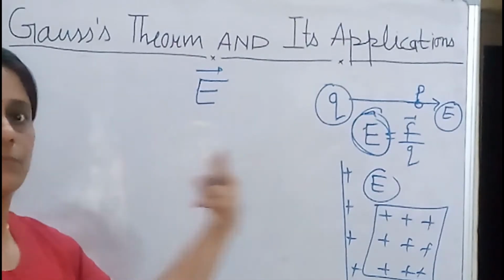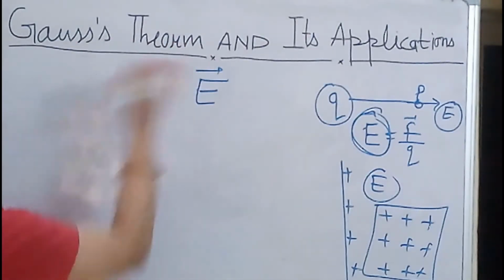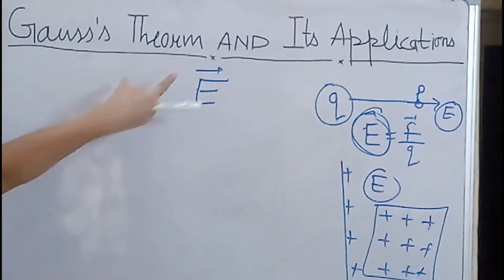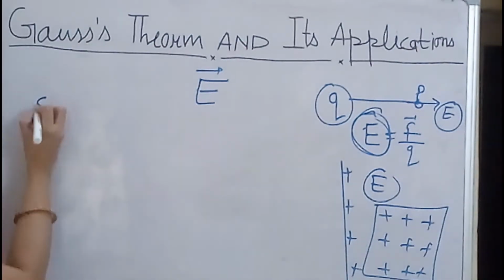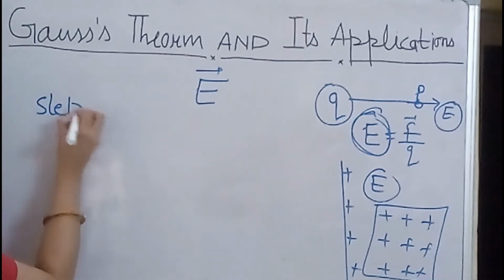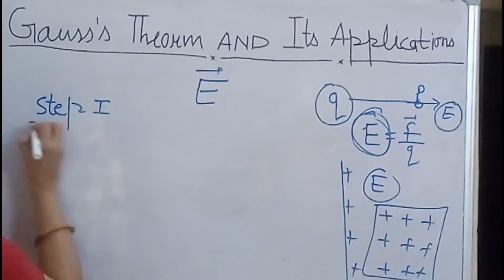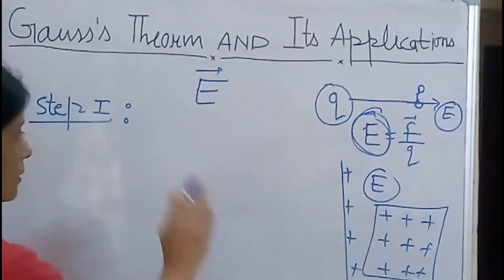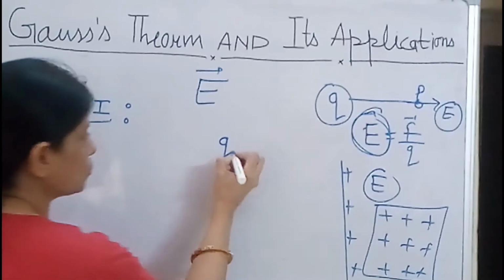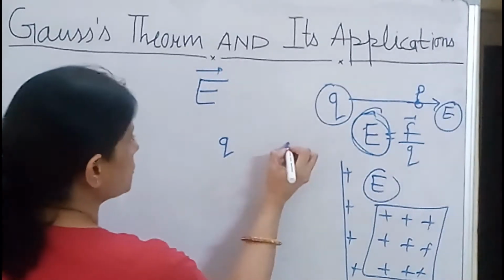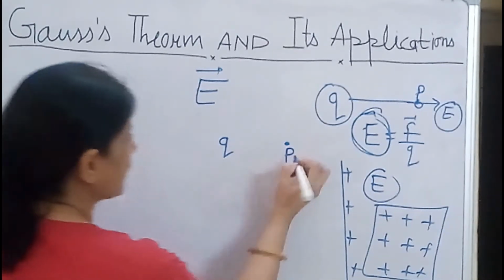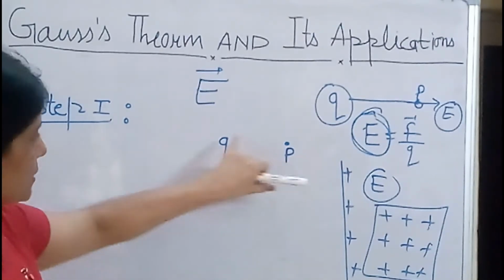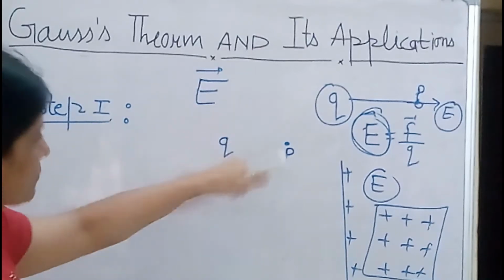So there are a few steps to apply Gauss theorem. Before applying this Gauss theorem, we will go through a few steps. Step number one: suppose you have a charge Q, and you have to find the value of electric field intensity due to this charge at a point P. Consider we have a single charge.